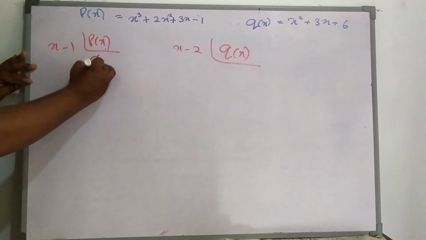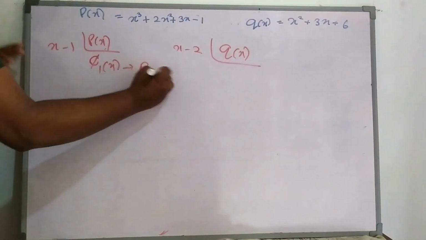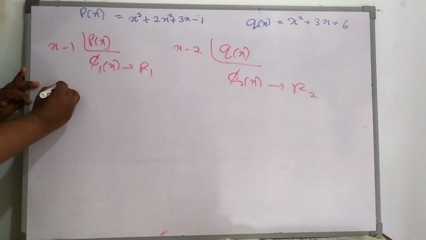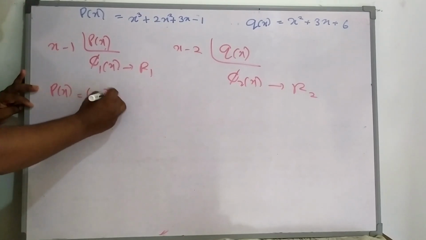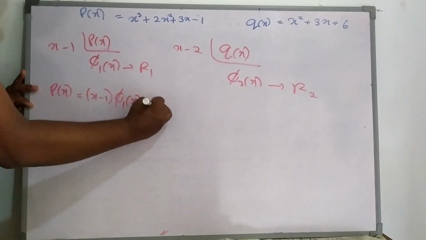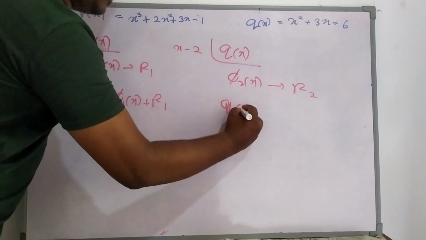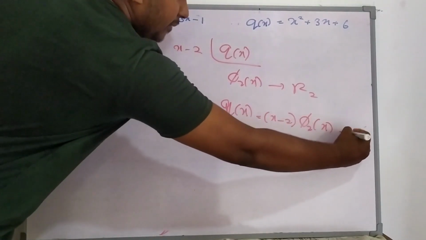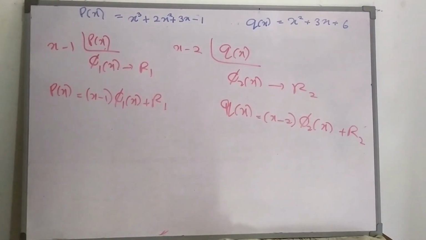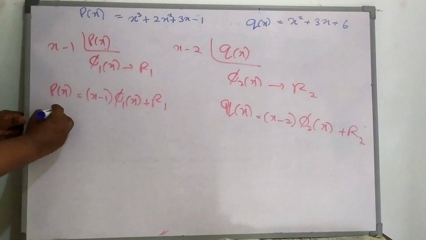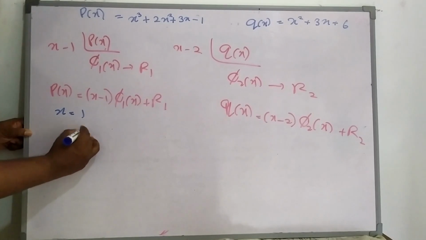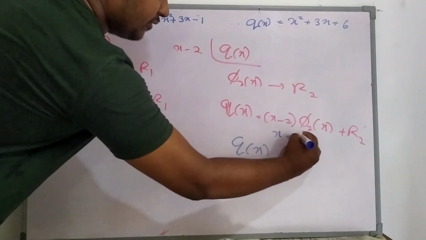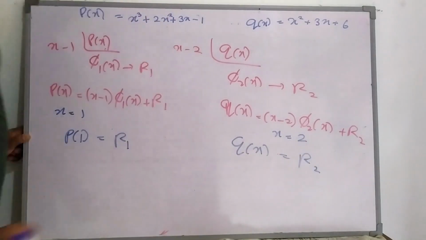Okay, so I assume psi 1(x) as the quotient and the remainder as r1, psi 2(x) as the quotient and the remainder r2. So P(x) equals (x minus 1) psi 1(x) plus r1, Q(x) equals (x minus 2) psi 2(x) plus r2. So I am going to put x equal 1, then P(1) equals r1. Here for Q, I am putting x equal 2, giving r2, right?